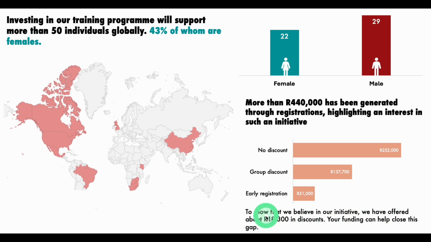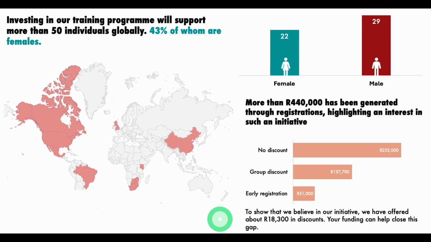And on the bottom here we've included something that we could say is a key takeaway. We have explained that we offered some discounts because we do believe in this initiative, and so this funding will help us close the gap that the discount brought on. So this means that they can see what you are going to do with the funding.